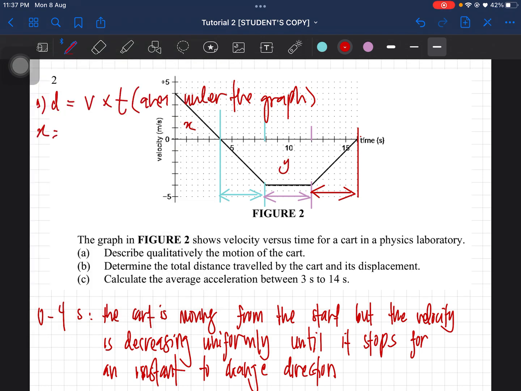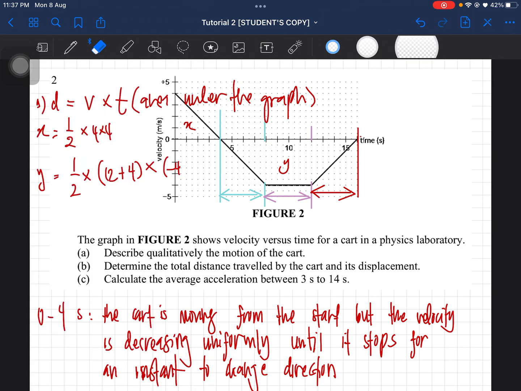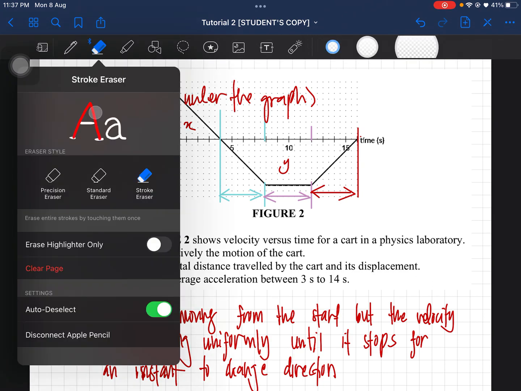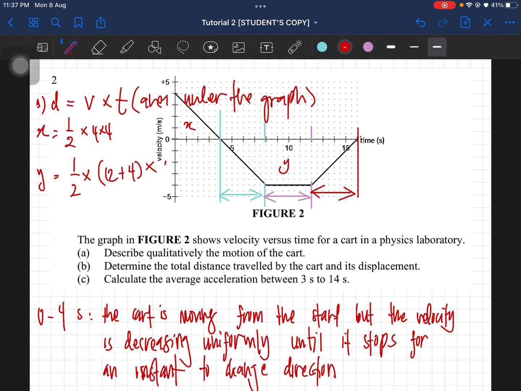So x is just the triangle, half times 4 times 4, and y is a trapezium, which is half times (12 plus 4) times 4. Sorry, no negative 4, this is direction. Adding these, you get the distance to be equal to 40 meters.